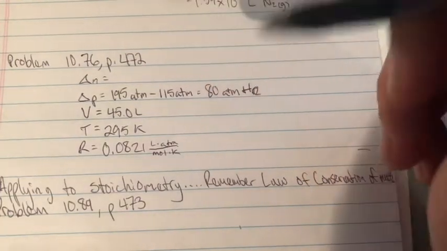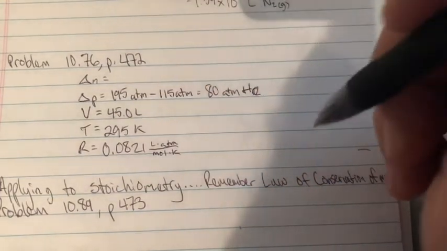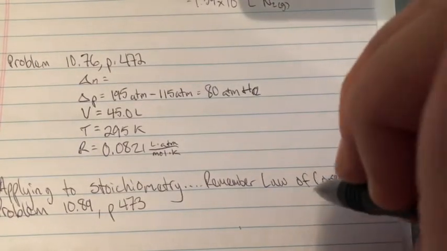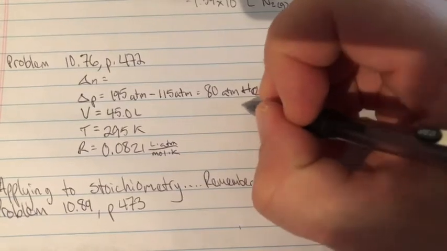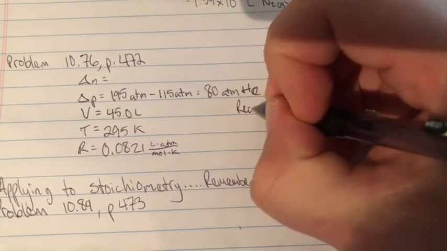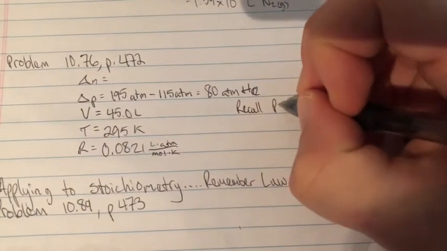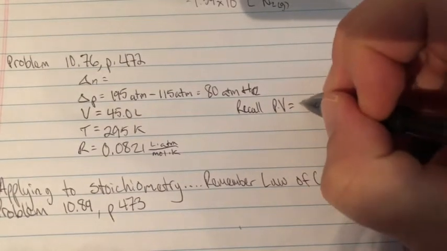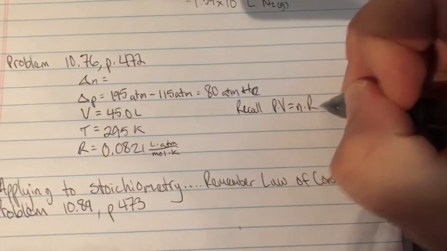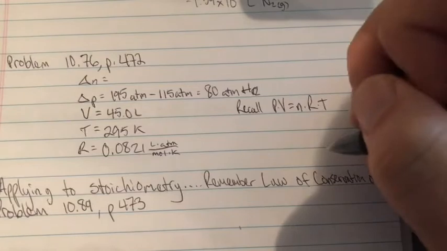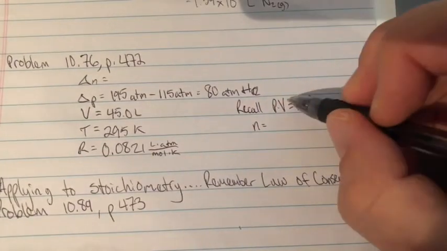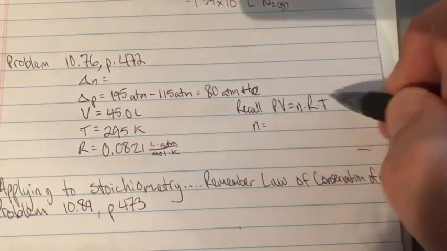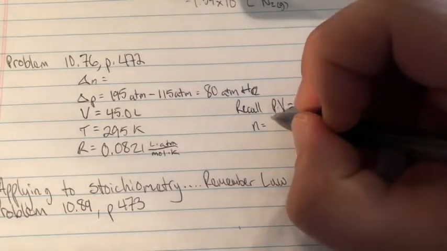Okay, so we don't need to know what the atomic mass of helium is. We're just looking to solve for the moles. So recall that PV is equal to N times R times T. So we're looking to solve for N. N is just going to be equal to P times V divided by RT.